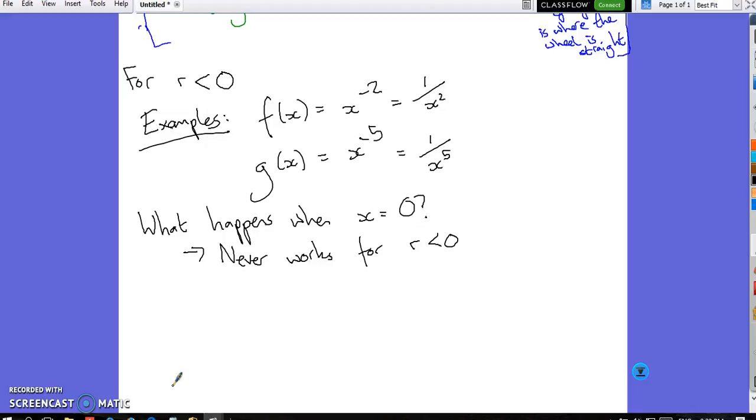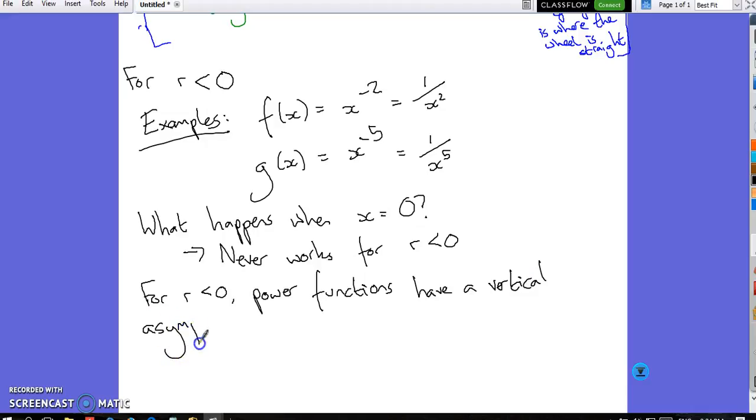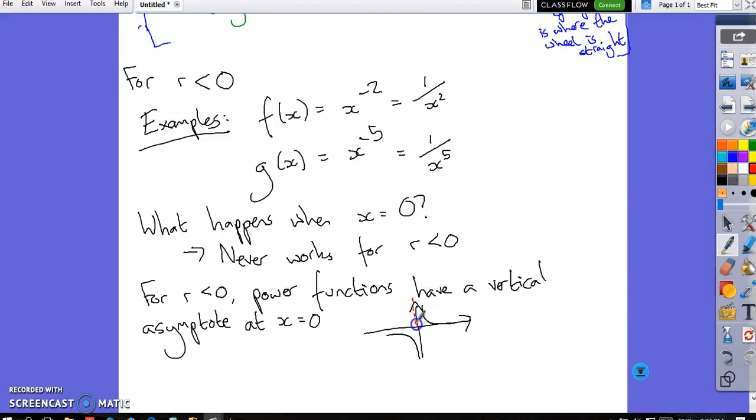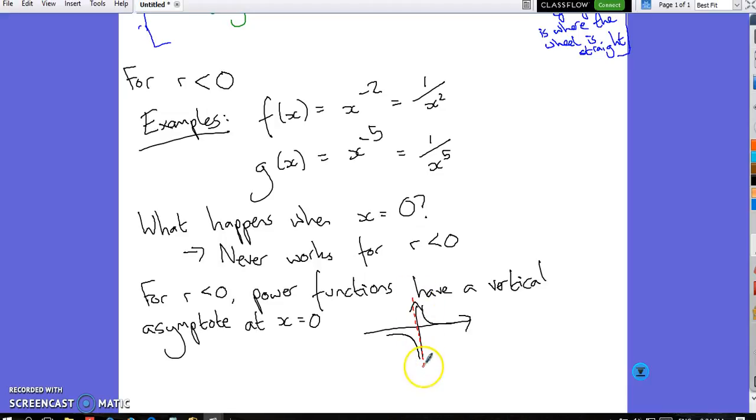So, for r being less than 0, power functions have a vertical asymptote at x is equal to 0. So they have this line that they never hit. So we could have down here and down here. And these are normally denoted by a kind of dotted line to show that there's an asymptote there.